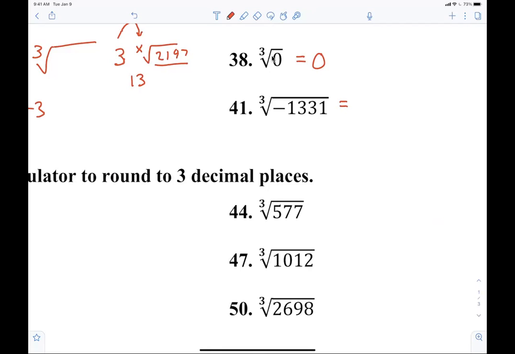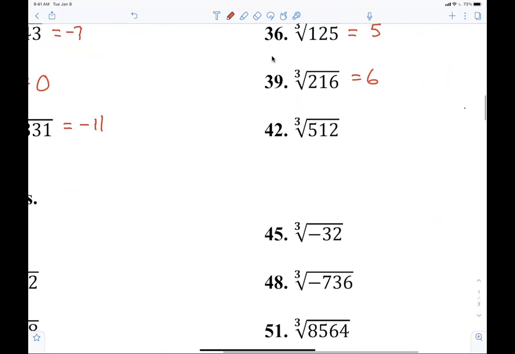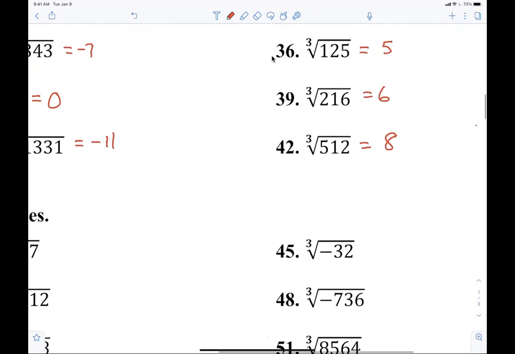Then you hit the button. And then what is it? -11. All right. Nora, that is 8. All right.